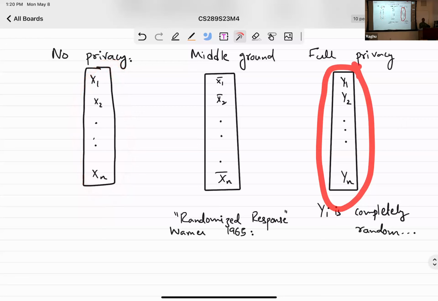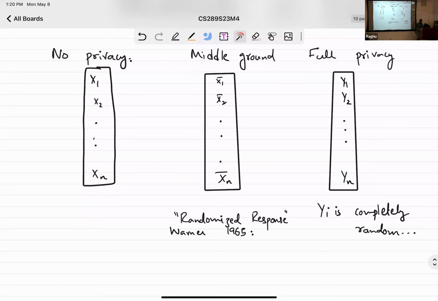So imagine for each person, with probability 0.1, I output the correct value, and with probability 0.9, I output a random value. So there's some correlation between the true values and what you observe, but you can fine tune it. It's like there's a wheel that you can control for how much it correlates with the true answer. And perhaps you can use this to understand the privacy somehow.